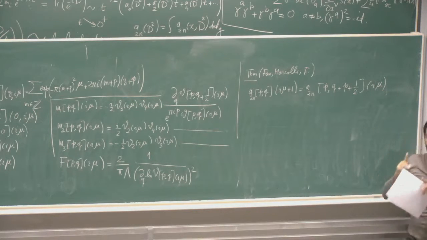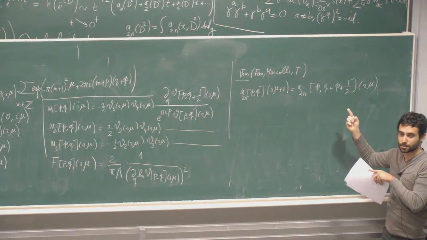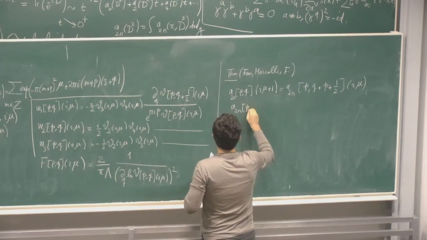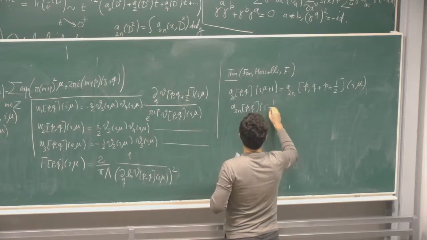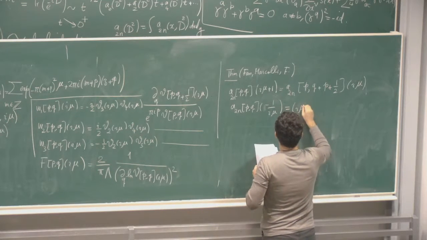So we get the periodicity up to applying something to the parameters also. Say minus 1 over i mu, it is equal to i mu squared.